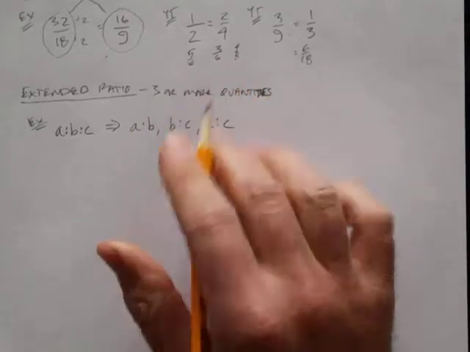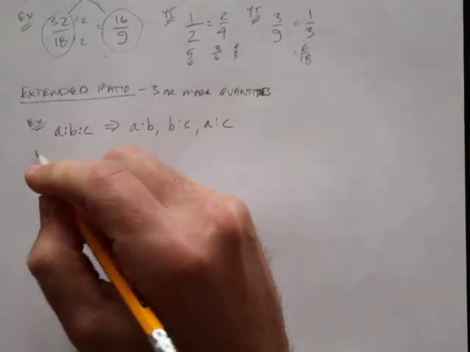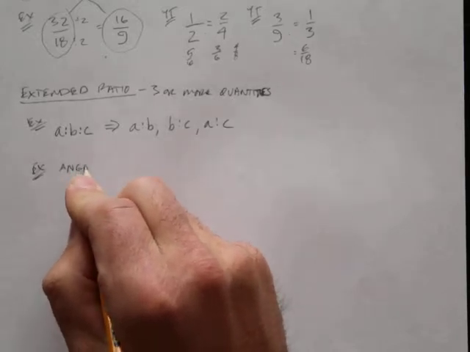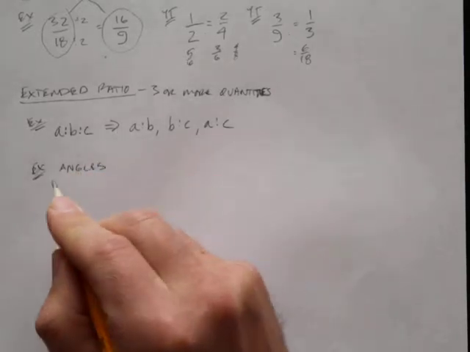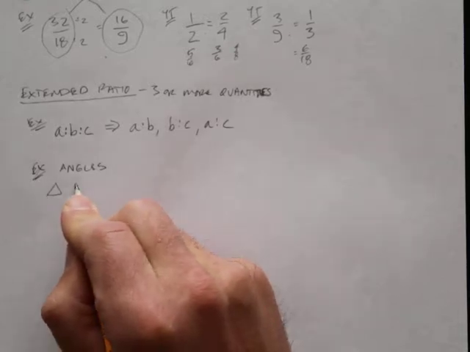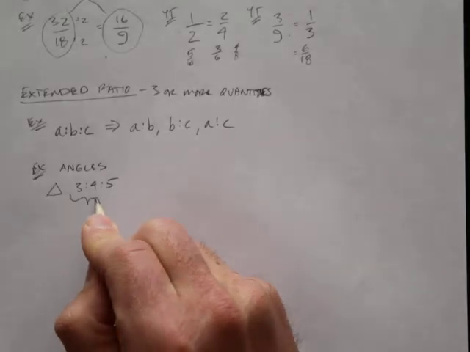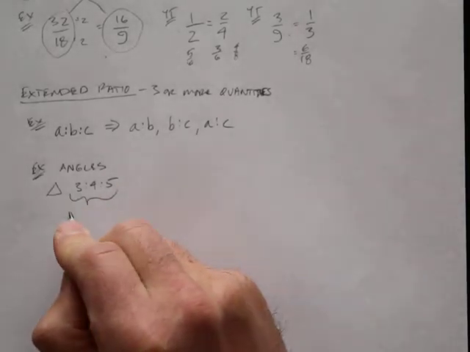So let's do an example. So I've got, we're going to talk about some angles here. And I've got a triangle that is 3 to 4 to 5. This is the ratio of angle measures.